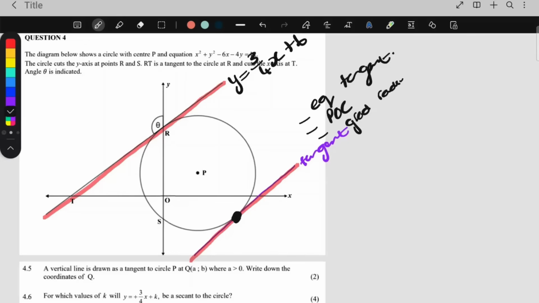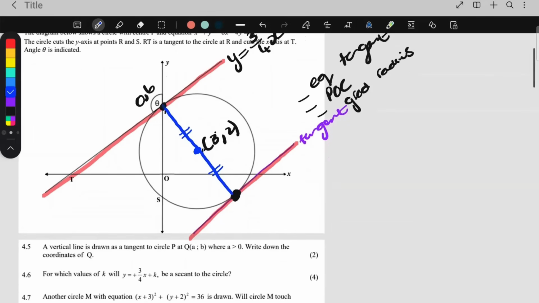And I also need the gradient of the radius. So P is 3 and 2 and R is 0 and 6. But if I had to draw a line here, this is equal to that. So P is actually the midpoint. So I'm going to use the midpoint to calculate the coordinates of this point of contact over there.